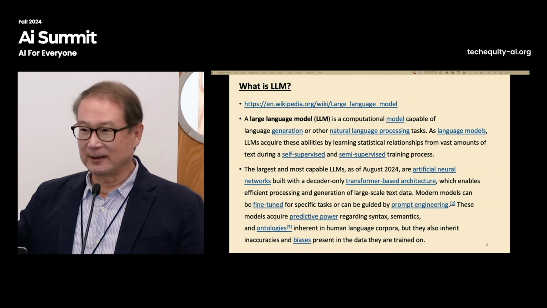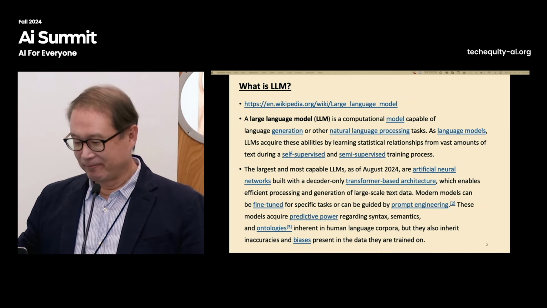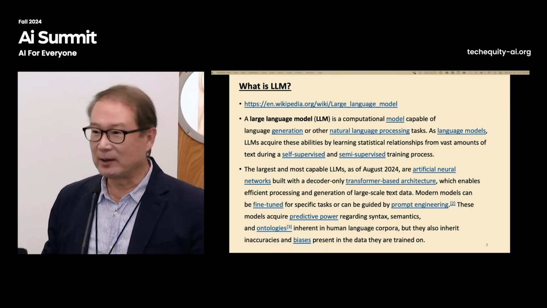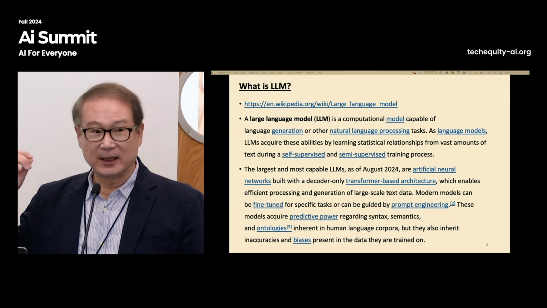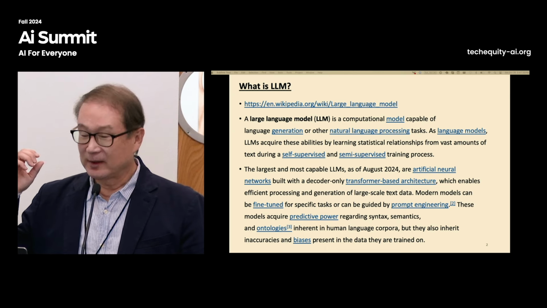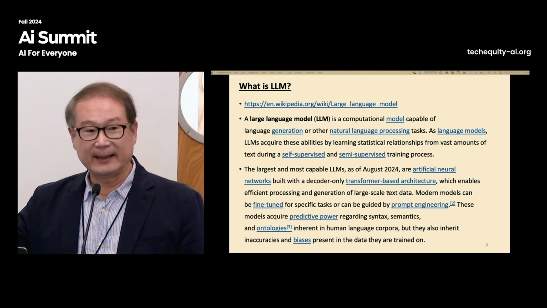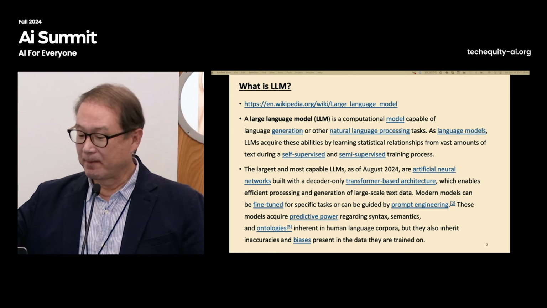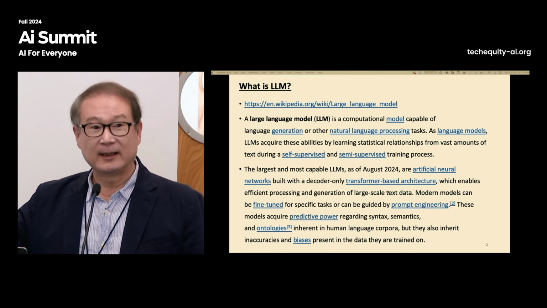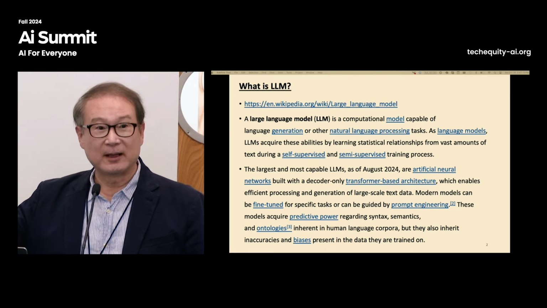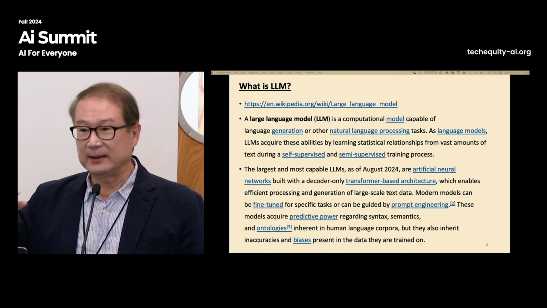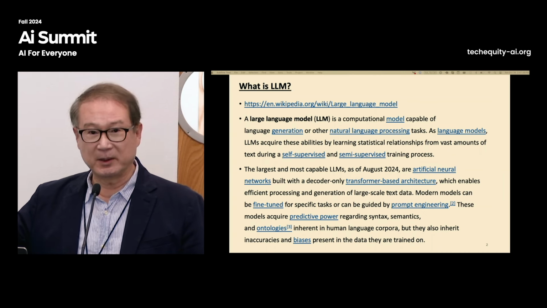I don't know all your backgrounds, so I'll just talk a little bit about LLMs. You've probably heard about the LLM. It's where you can input a bunch of text, and the LLM itself will understand the context and answer any question related to those documents. The current trend is that the context window is getting bigger and bigger.